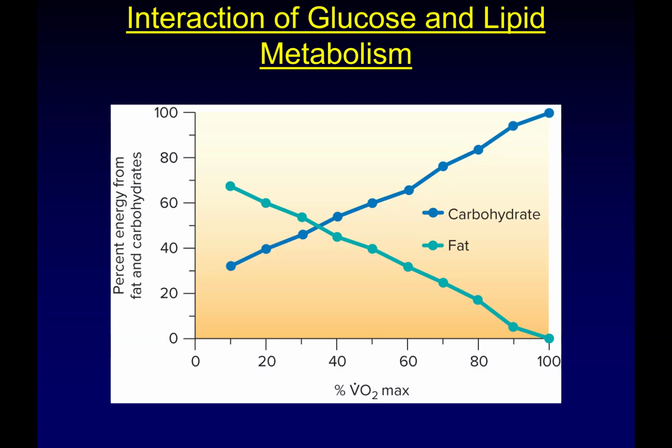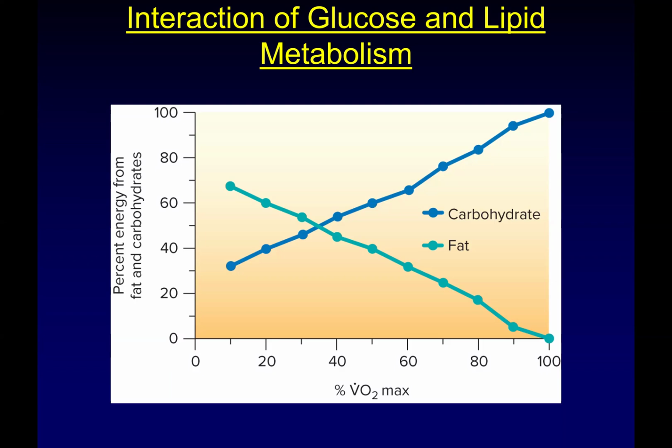And then over that, they cross over, and we go from more fat at lower intensities to more carbs as we go higher. Where this crossover point occurs, or at what intensity it occurs, varies based upon a whole bunch of different things. We'll revisit it probably next week when we talk about aerobic training and some different things, but we can shift this one. But this is what's going on.